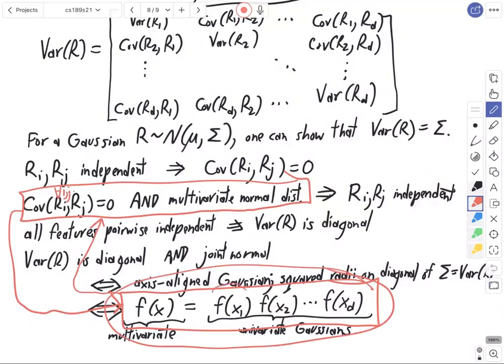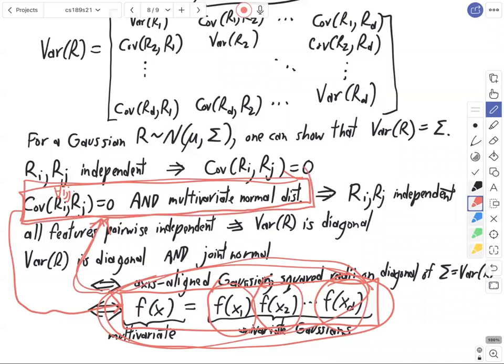If you assume that these are all Gaussian distribution PDFs, then yes. The bottom circle does imply the top square here if all of these f's are univariate Gaussians.